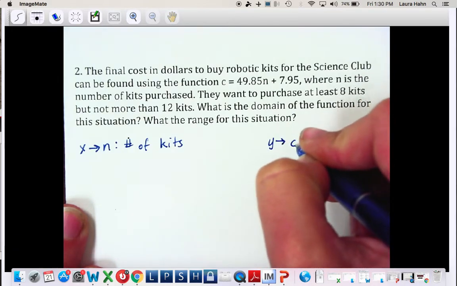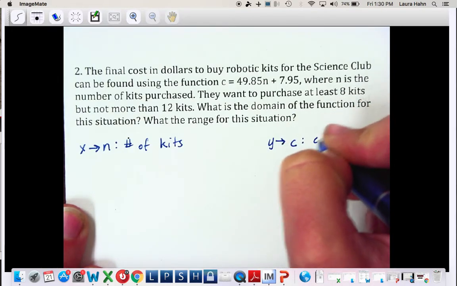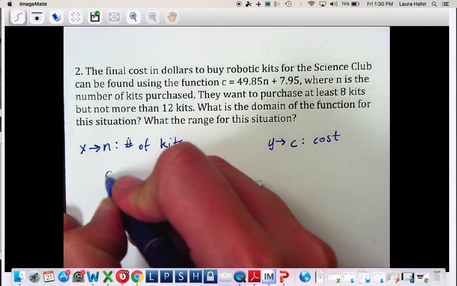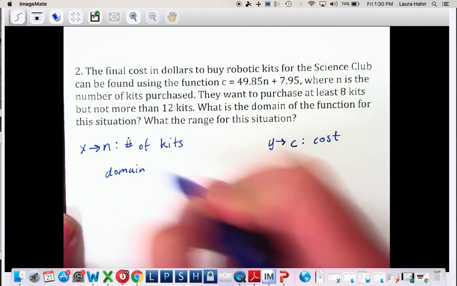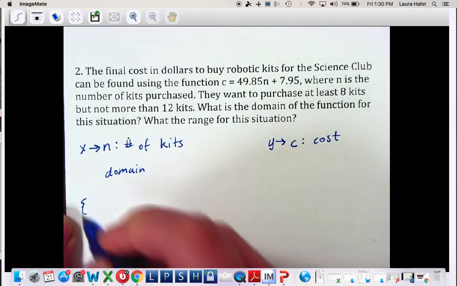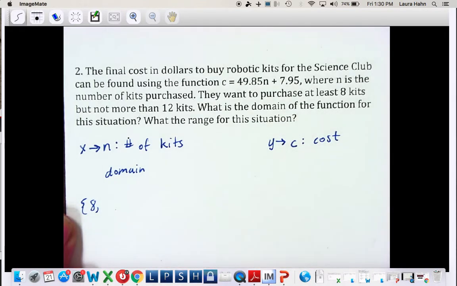They use a C, and C is going to be the cost. So this is very similar to the last one. So we're going to have to put a list for our domain since you can't have a part of a kit. The lowest number of kits they can get is 8 and a maximum of 12, so I need to list every number between 8 and 12.